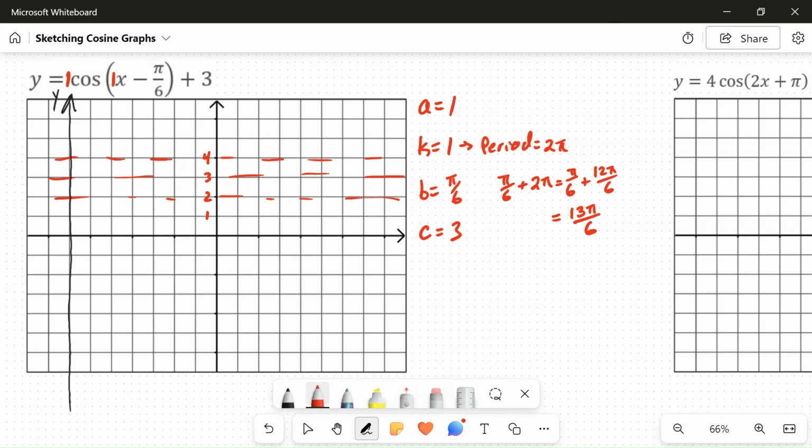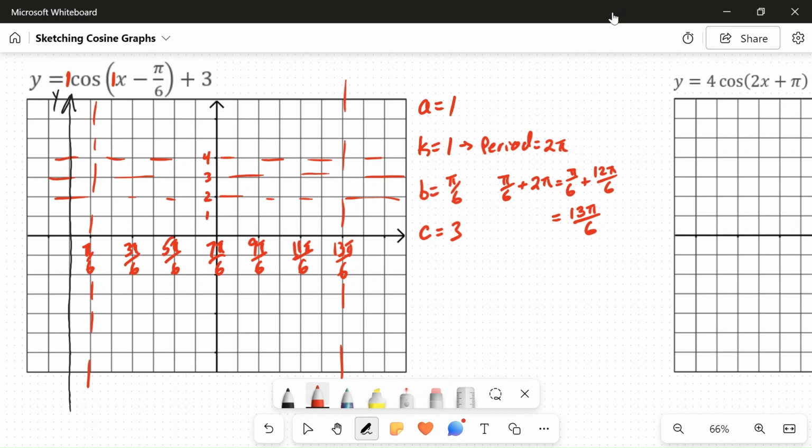So we're going to have, here is 1 pi over 6, 2, 3 pi over 6, 4, 5 pi over 6, 7 pi over 6, 9 pi over 6, 11 pi over 6, and then 13 pi over 6. So we are starting here at pi over 6, and we're going to end at 13 pi over 6.